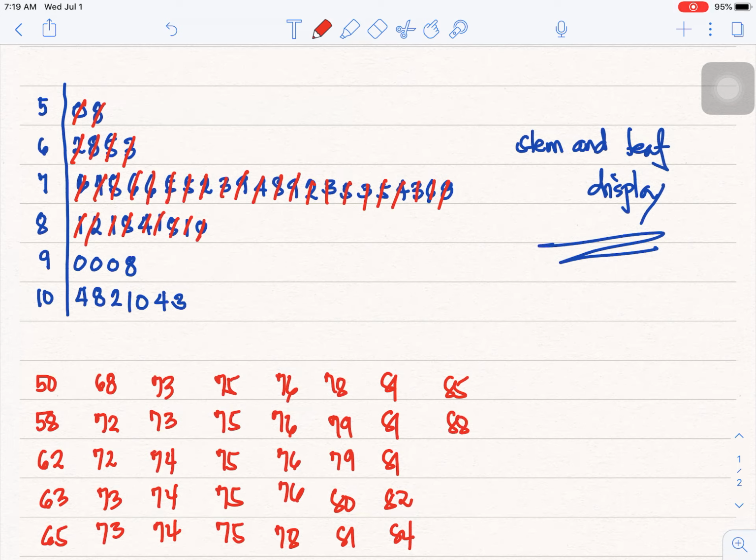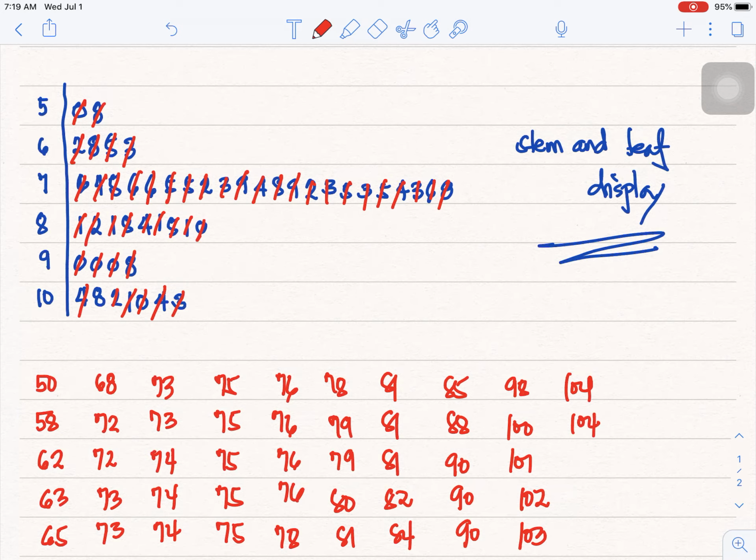The next is 90, 1, 2, 3. We have there 90. Next we have 98. Then 100, 101, 102, 103, 104, and 108.